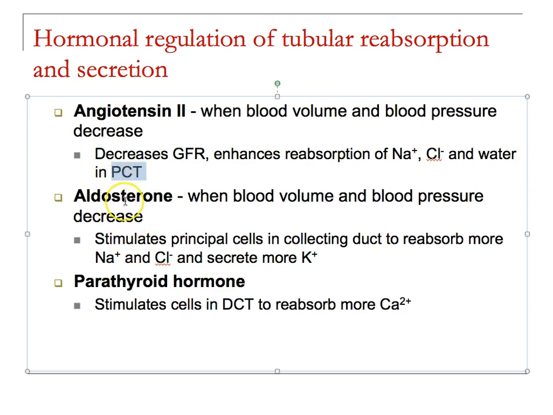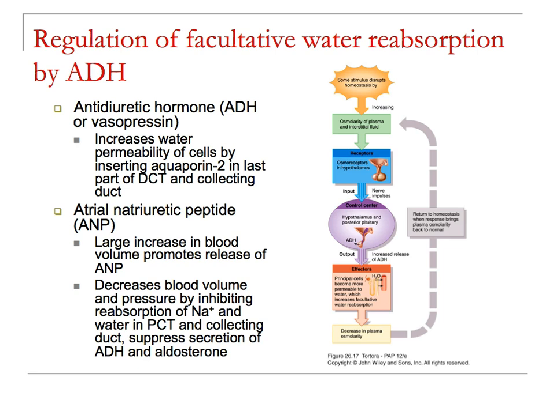Aldosterone, when blood volume and blood pressure decrease, stimulates principal cells in the collecting duct to reabsorb more sodium and chloride and therefore secrete more potassium. This keeps you alive. It means your heart rate doesn't get all wonky on you. And then parathyroid hormone stimulates the collecting duct to reabsorb more calcium, because we all know we need that for muscle function, nervous system function, stuff like that.